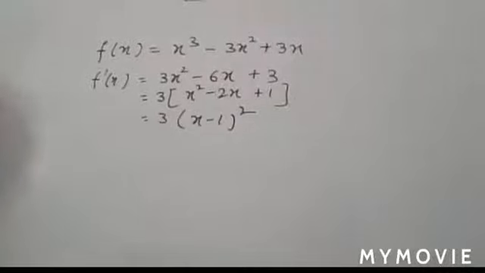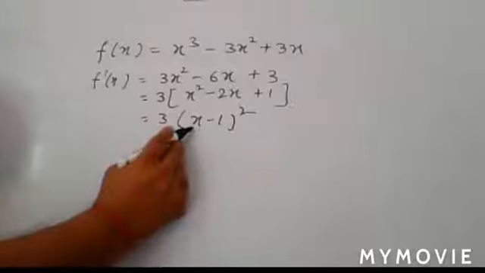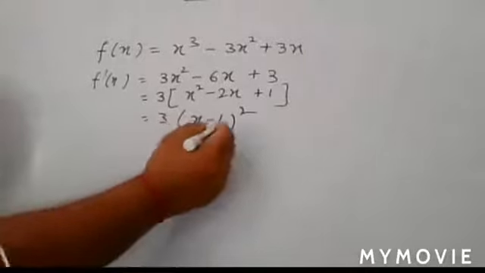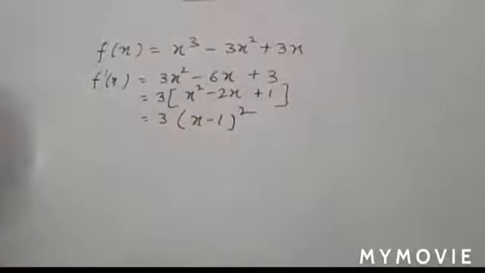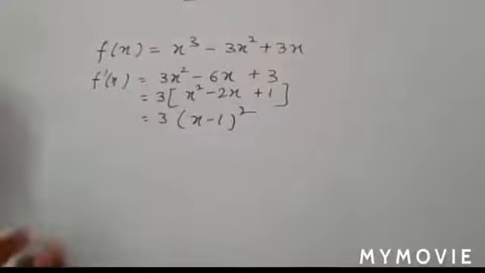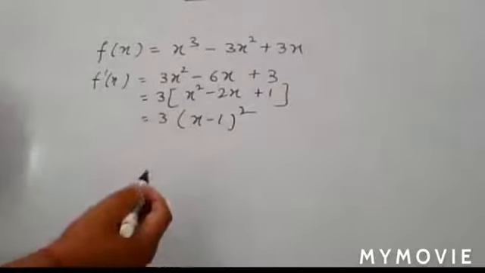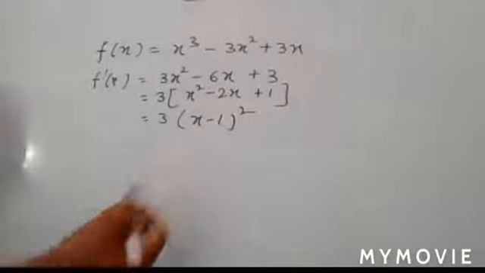Just see one thing. The complete (x minus 1) whole square is greater than or equal to 0, so the complete quantity is greater or equal to 0, meaning greater than 0 for all values of x.